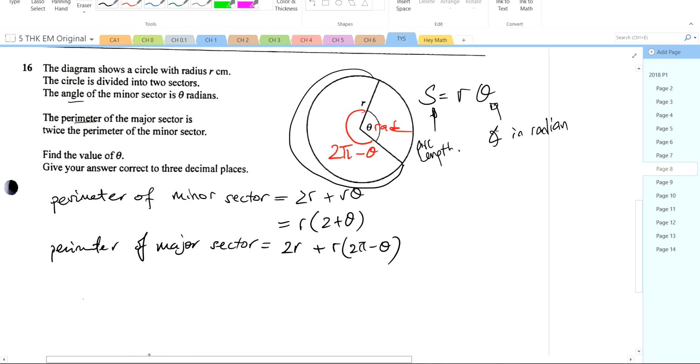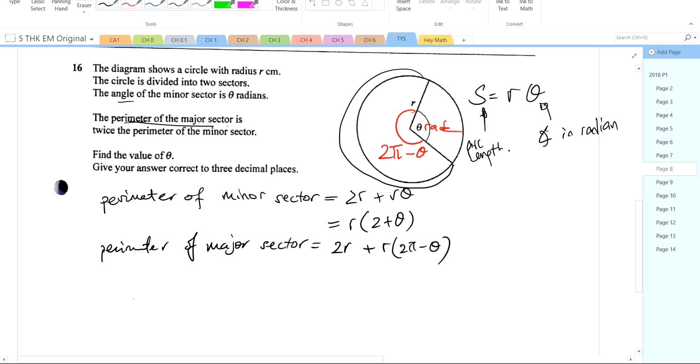Now, we also know that the perimeter of the major sector is twice that of the minor. So now I can form equation already. If I want, I can factorize this r out. So it will be r(2 plus 2 pi minus theta). Okay, now they are in the same format.